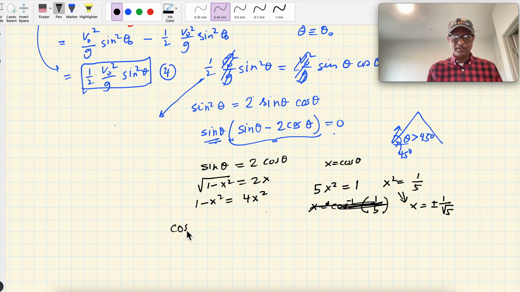So cosine theta is plus or minus 1 over square root of 5.